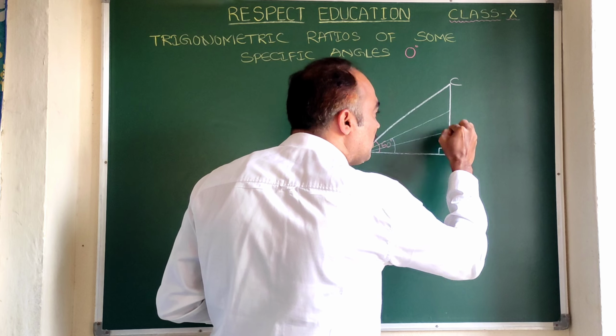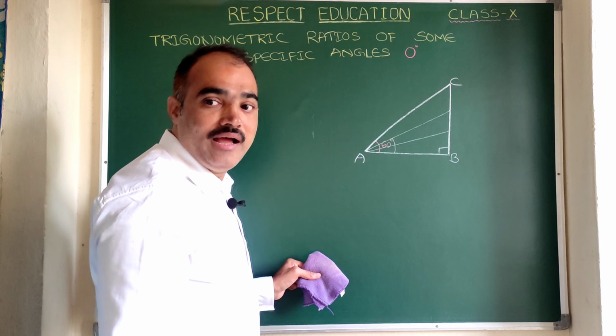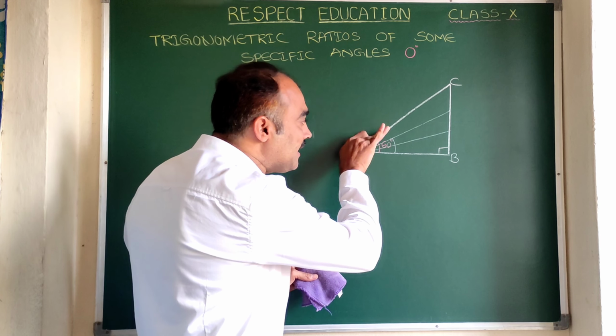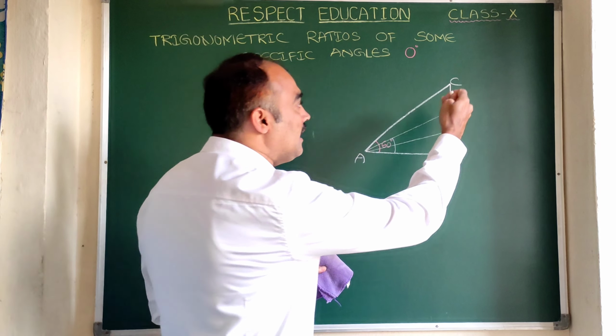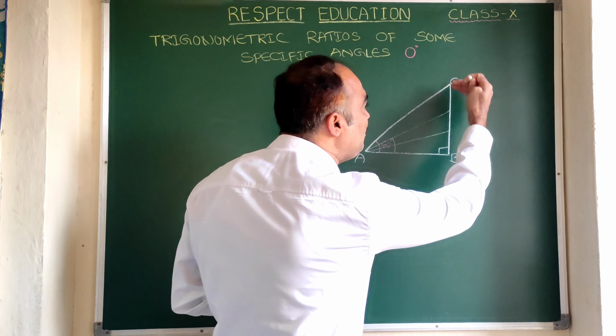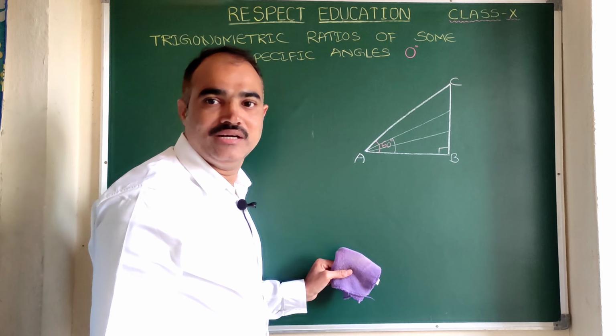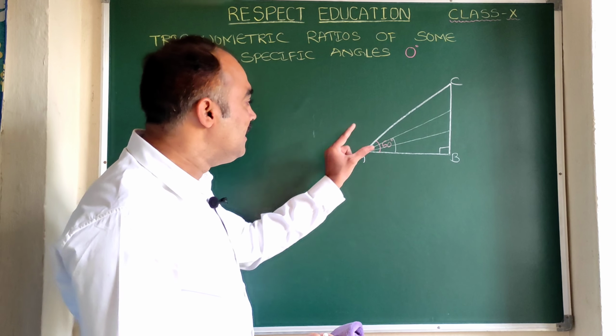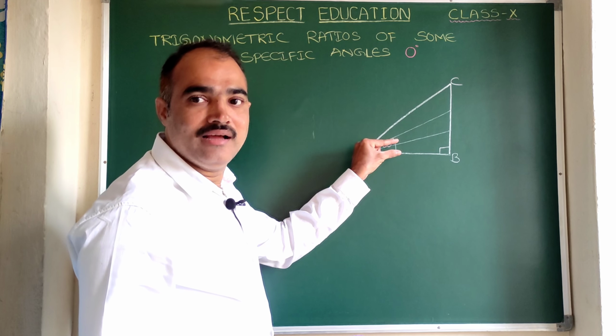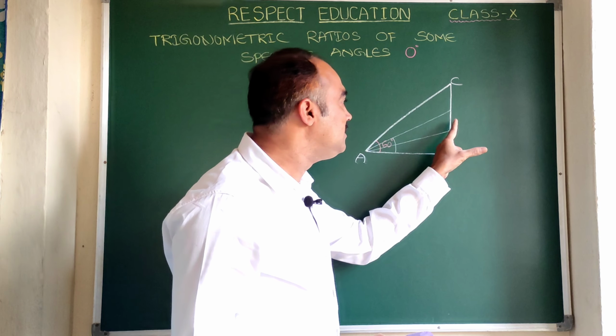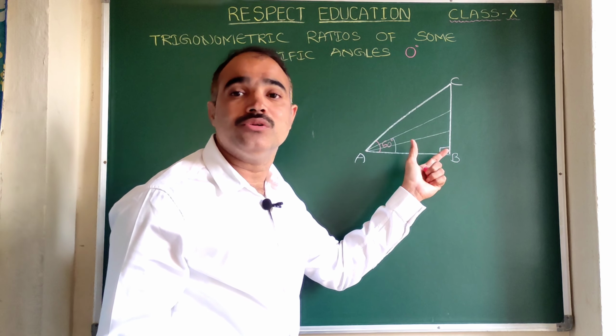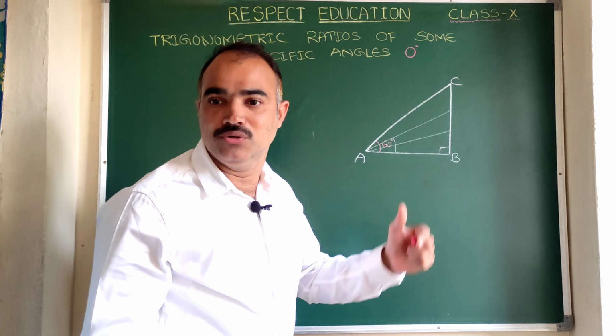This point C comes to this place. As the angle is getting reduced, the height of the opposite side will be getting reduced. Did you understand what I am saying? Yes, sir. If you reduce the angle, automatically the opposite side also will be reduced.